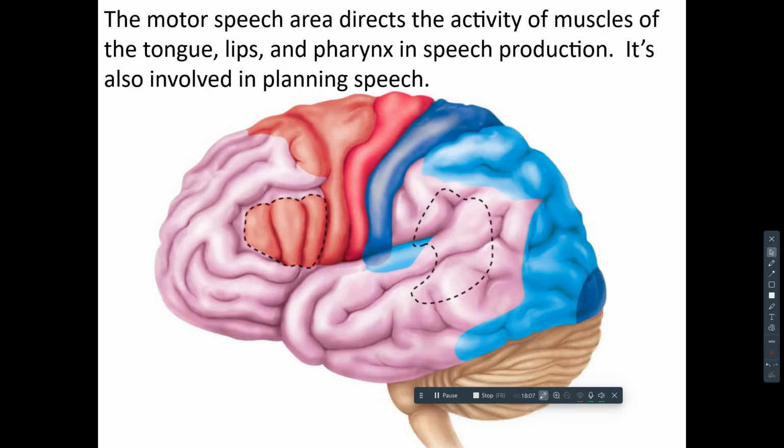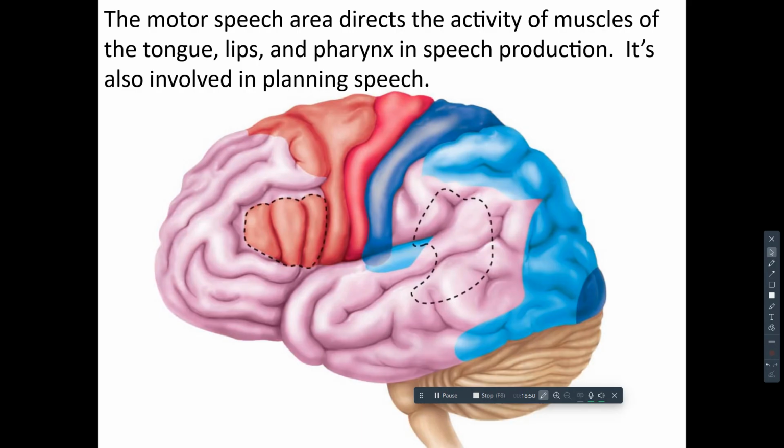That actually makes kind of a buzzing sound, and that buzzing sound is going to then be modified by your tongue, lips, soft palate, pharynx, and the muscle action there is controlled by Broca's area. The right-hand side does not have this, has like an analogous region, but is not really controlling the movement. It's more involved in like processing as opposed to movement control.